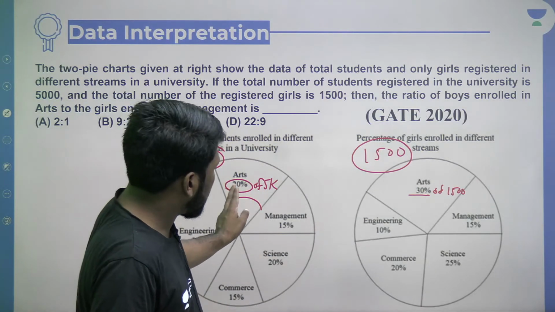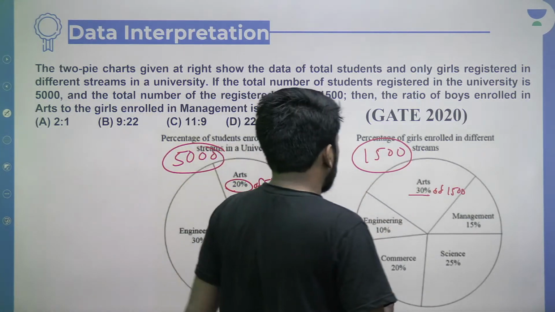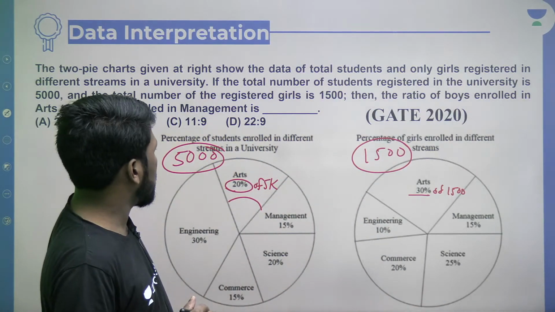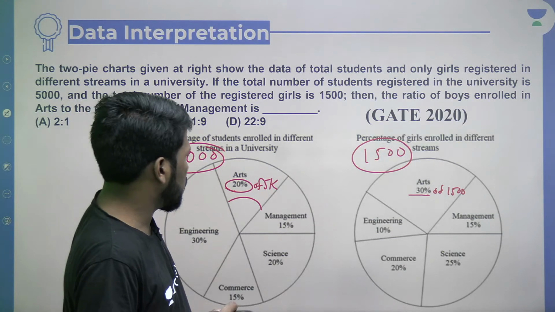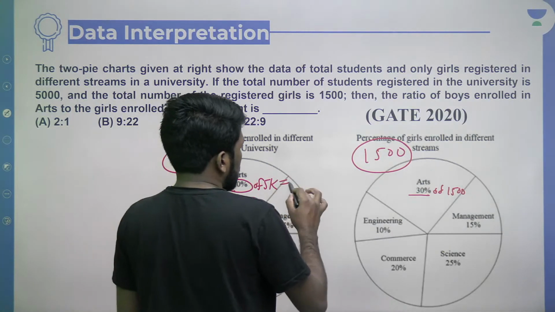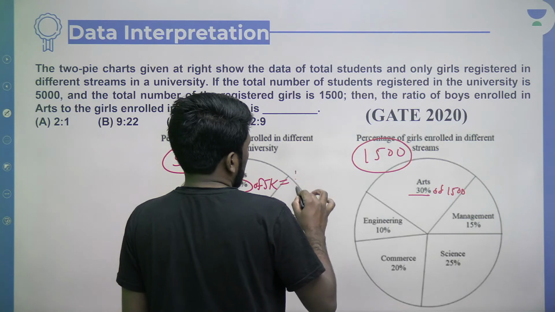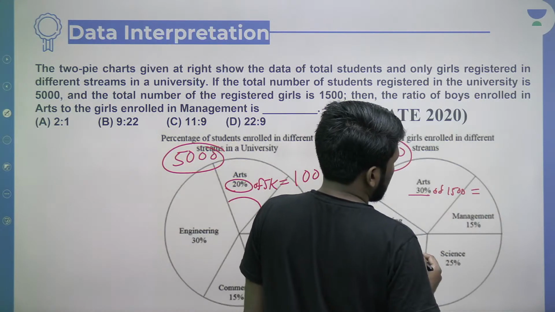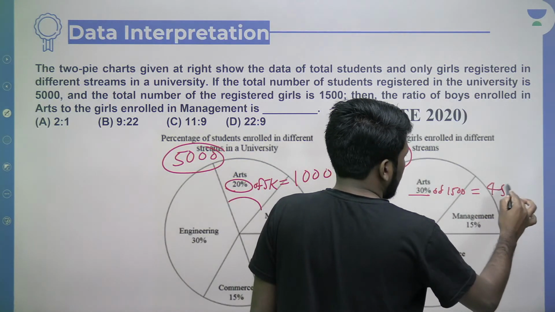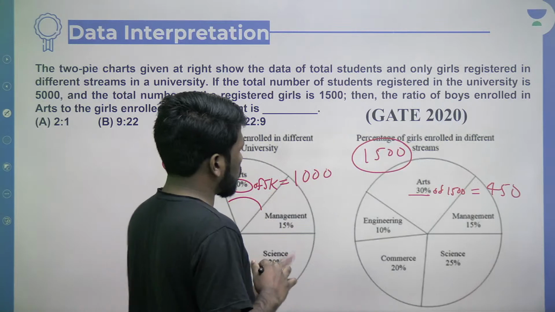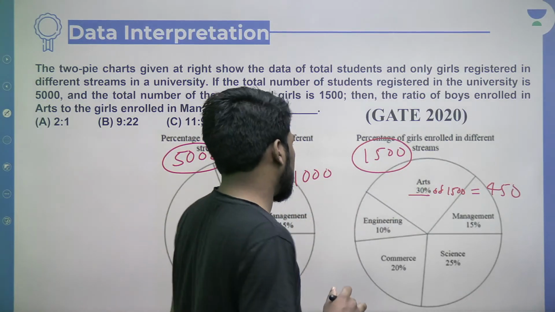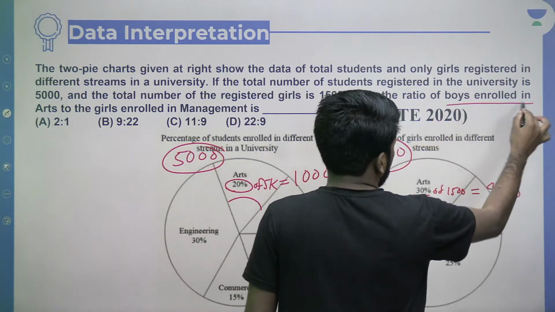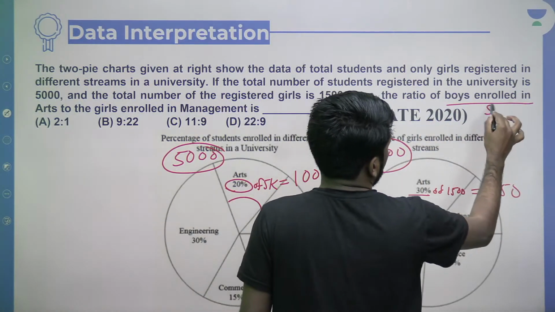So the difference of 20% of 5,000 and 30% of 1,500 will be boys in arts. 20% of 5,000: 10% is 500, 20% is 1,000. 30% of 1,500: 10% is 150, 30% is 450. The difference between those two will be the boys in arts. So boys enrolled in arts will be 1,000 minus 450, 550.